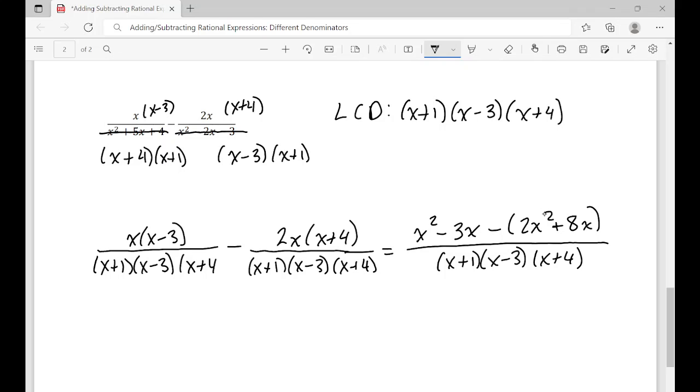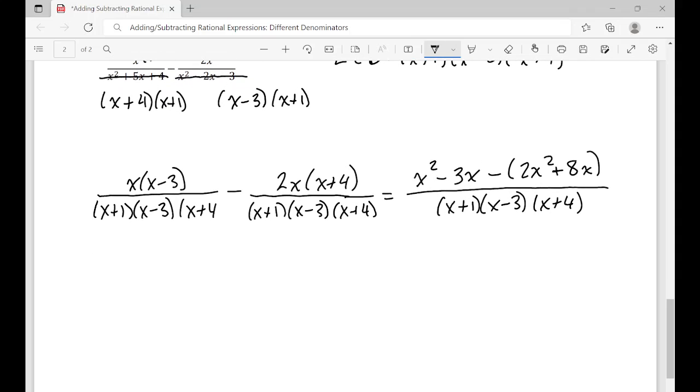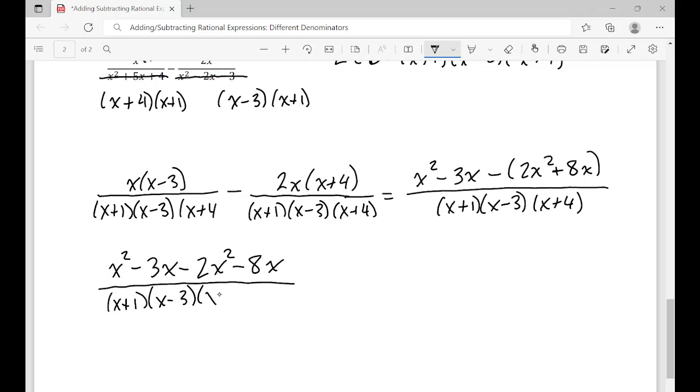Now I can distribute the negative across the parentheses. So I'm going to get x squared minus 3x minus 2x squared minus 8x, all divided by x plus 1, x minus 3, and x plus 4.